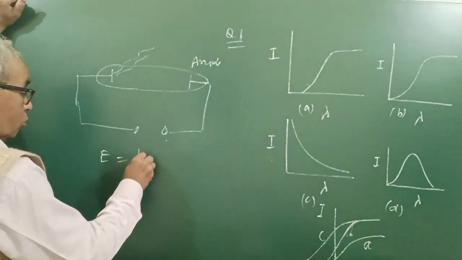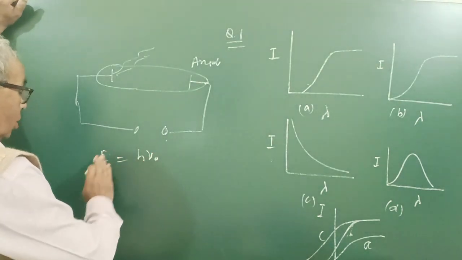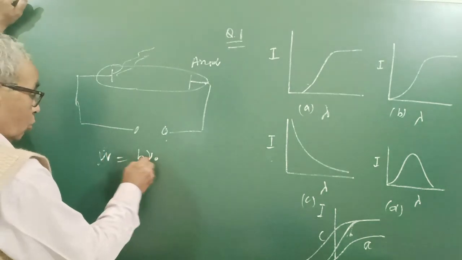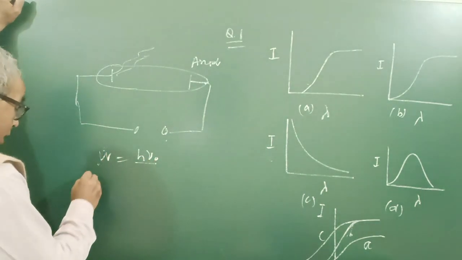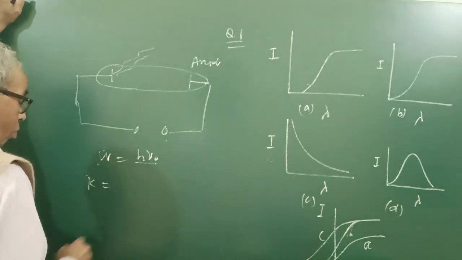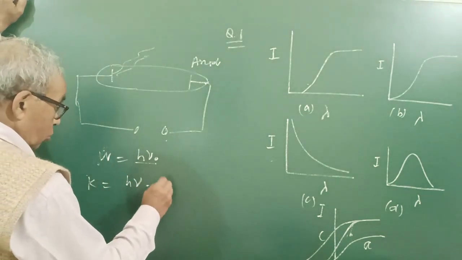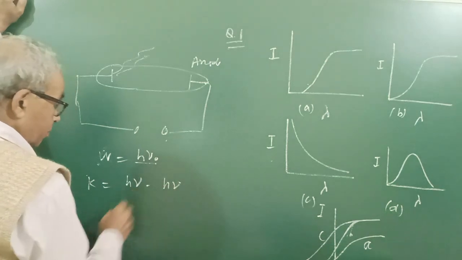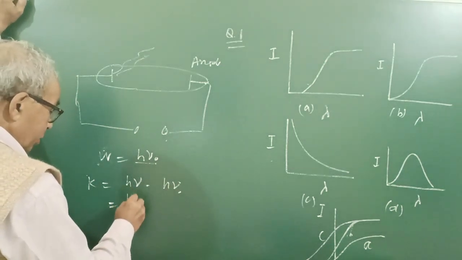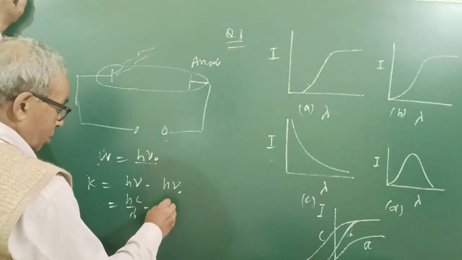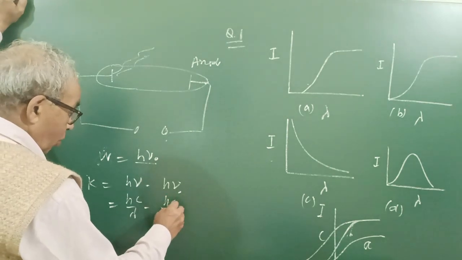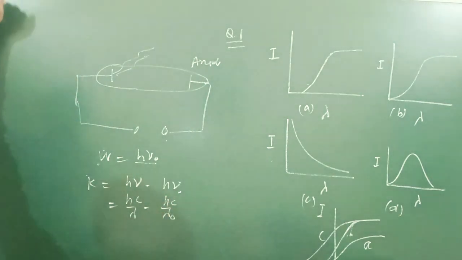So h nu 0, W is equal to h nu 0. The kinetic energy is equal to h nu minus h nu 0, or hc upon lambda minus hc upon lambda 0.